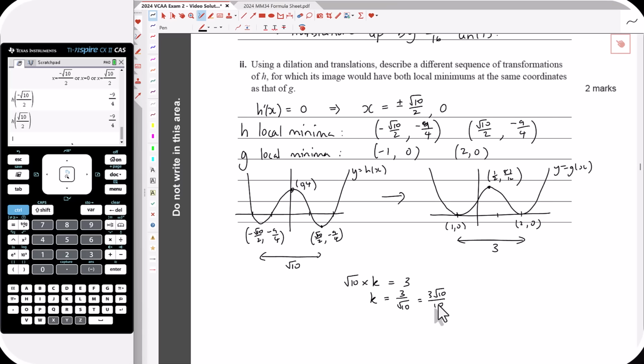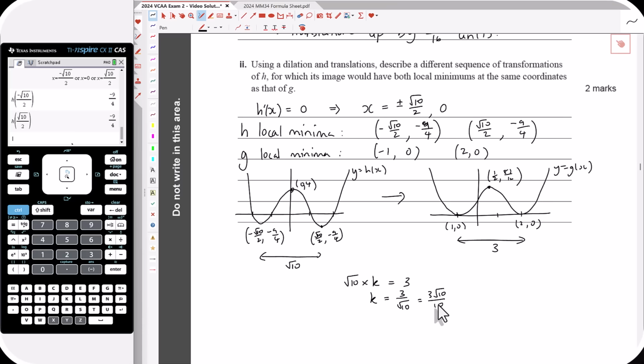So we're definitely going to need to dilate by that factor from the y-axis so that the stationary points, the local minima, are the same distance apart. And then we need to translate them. Once we've done that, let me think about it.